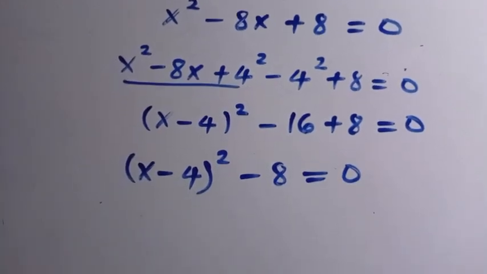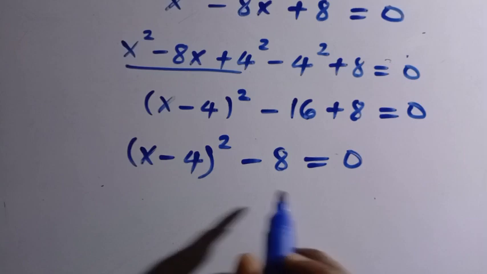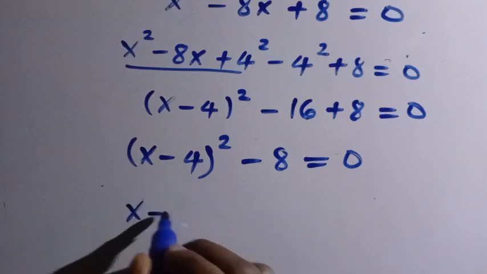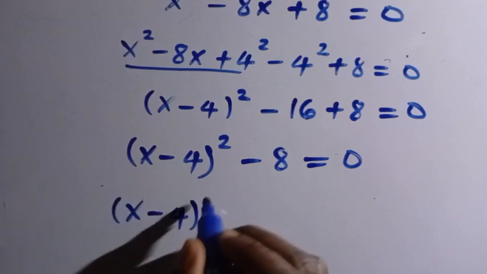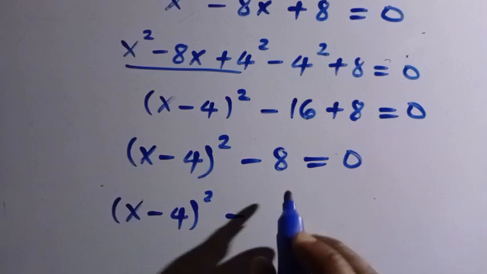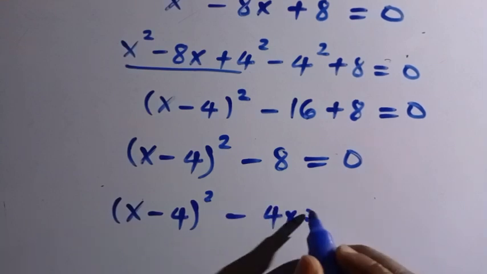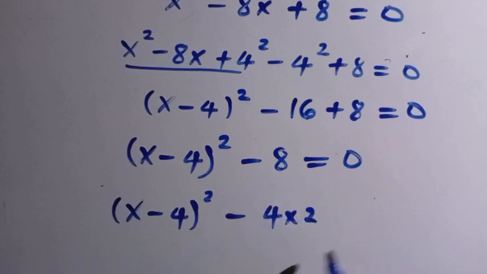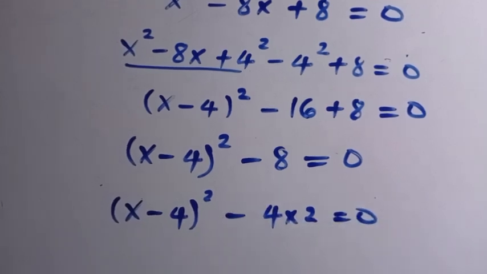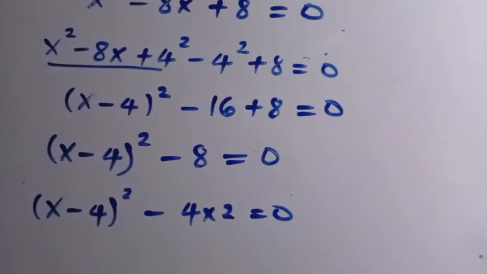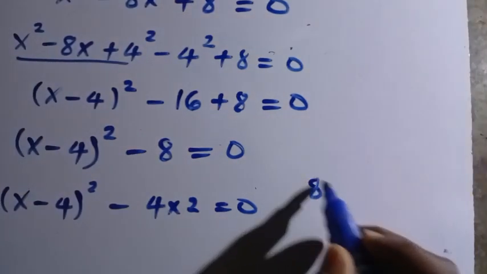Then let's take 8 to that side, or before that, we can see this as x minus 4 raised to power 2 minus 4 multiplied by 2. So 4 times 2 equals 8 and everything equals 0. What I wanted to do here is, suppose we have 8.